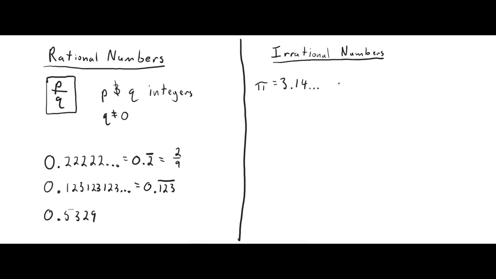So pi is a good example of an irrational number because it does not end and it does not repeat. And because it doesn't repeat, I can't write it as a fraction, or it doesn't even end. So, there's no way I can get all the information about what that number pi is.